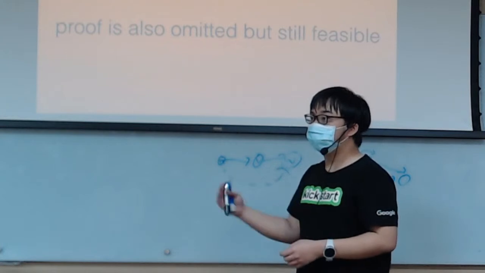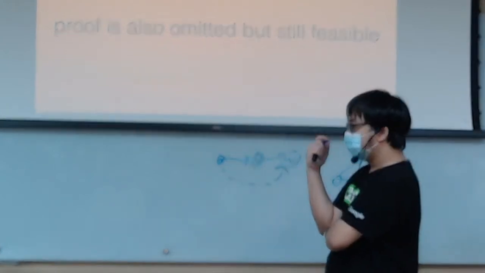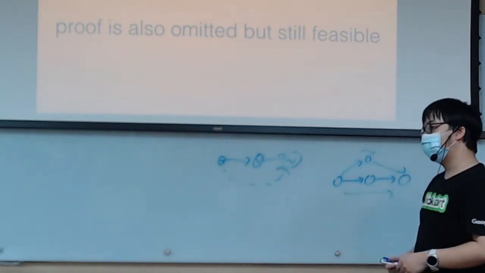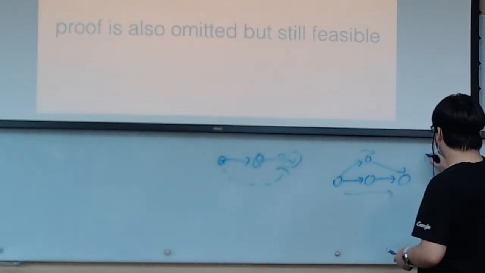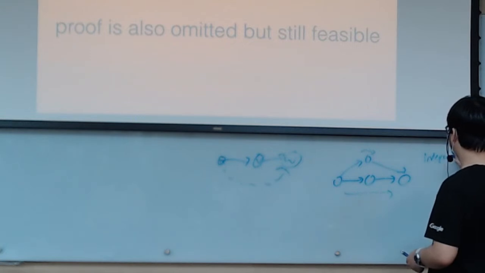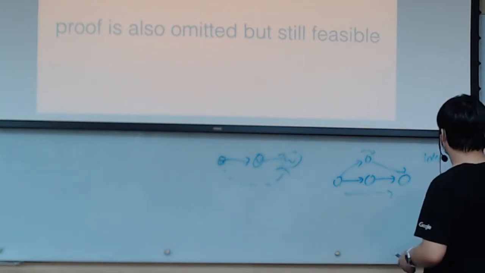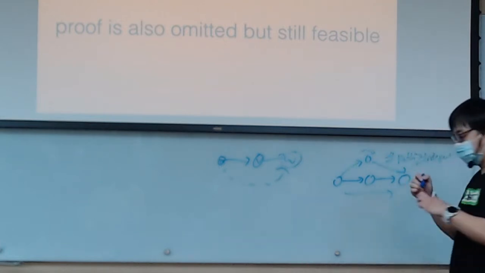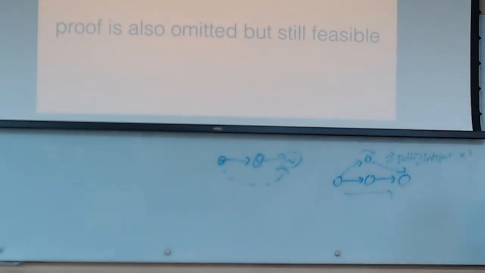And then the other direction is: we know that the number of paths is at least the size of the independent set, right? And then imagine two paths.